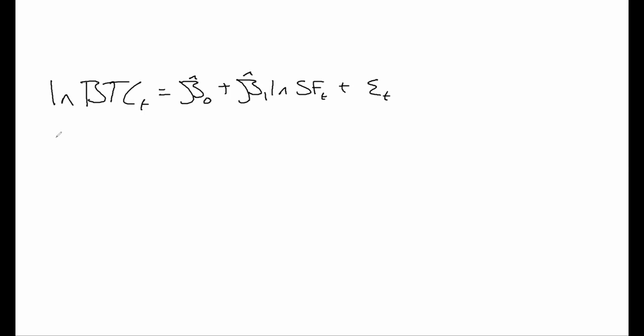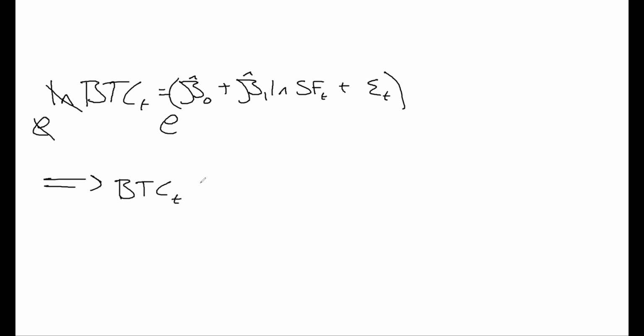Remember, this is going to be used to estimate log Bitcoin price. To actually calculate Bitcoin price, you'd have to do e to the power of log Bitcoin. So e to the power of this is equal to e to the power of all of this. This would give, of course, natural log, and e would cancel out. This would give you BTC at time t.